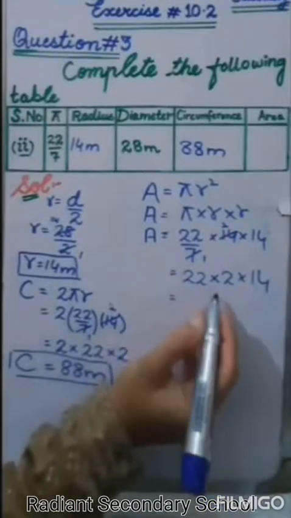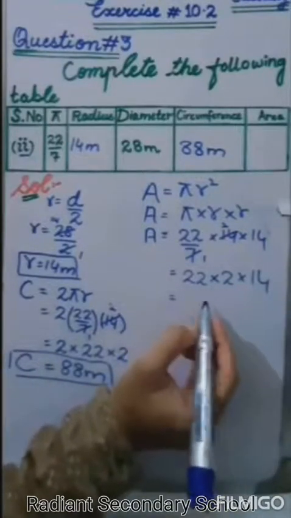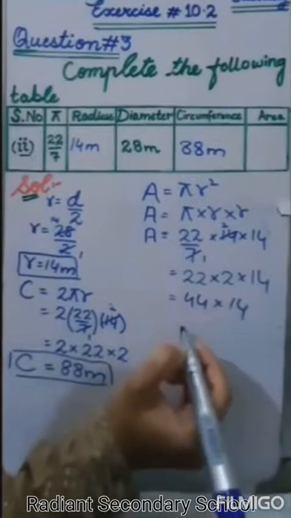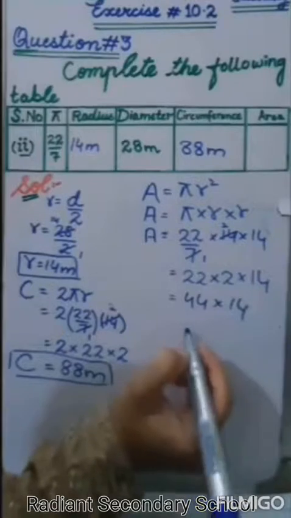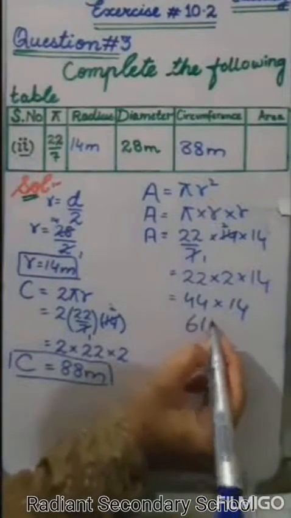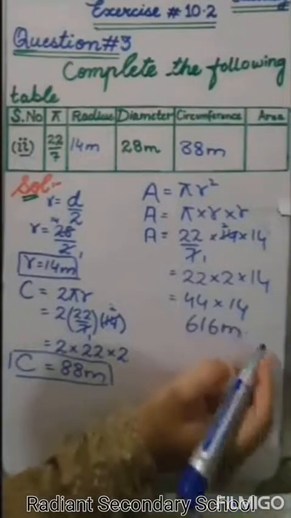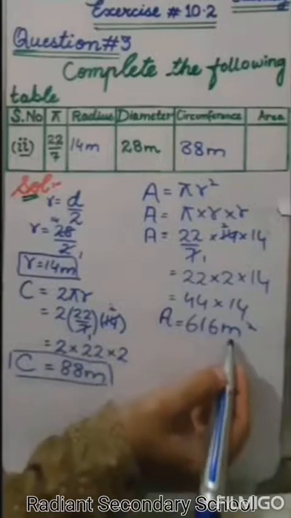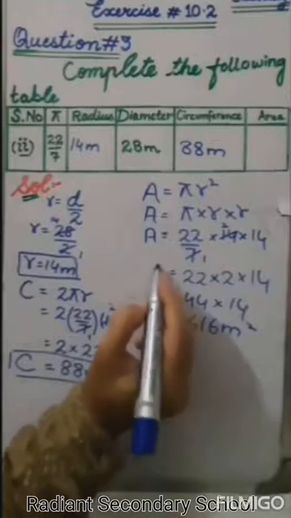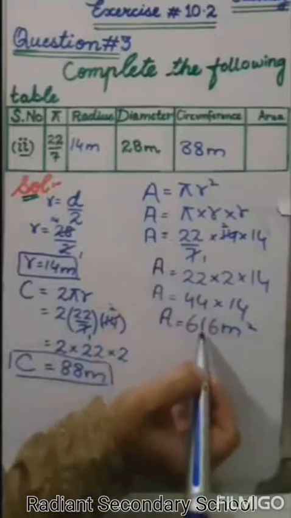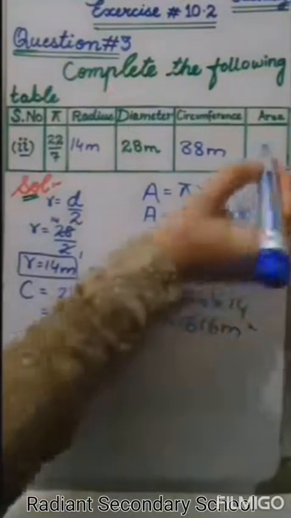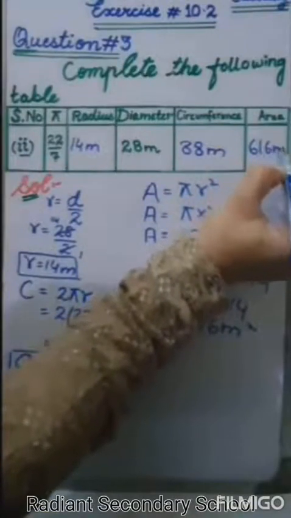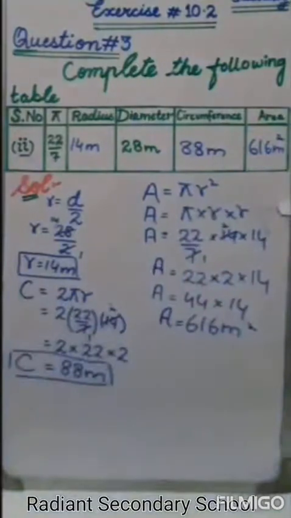Now 22 twos are 44 multiply by 14. 44 multiply by 14 will become 616 meter square because we have found area. That's why we have to mention the unit here. Area is 616 meter square. So you have to write here 616 meter square.